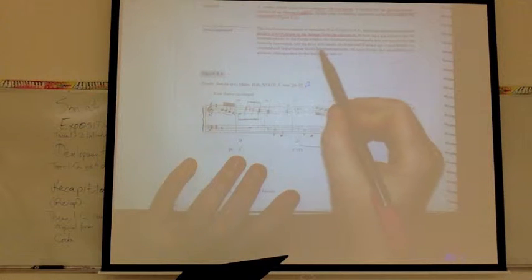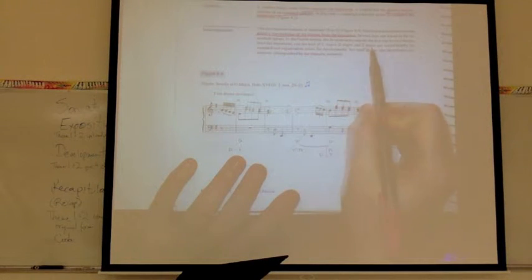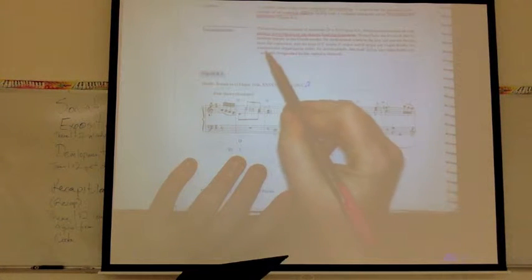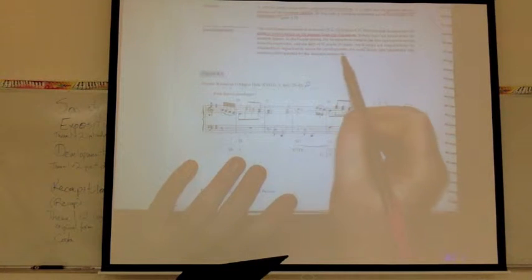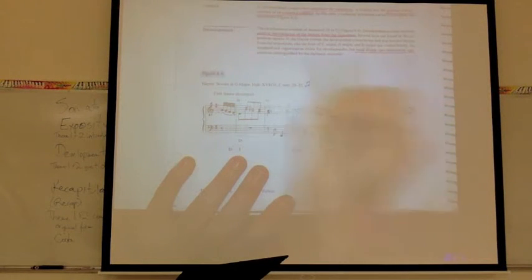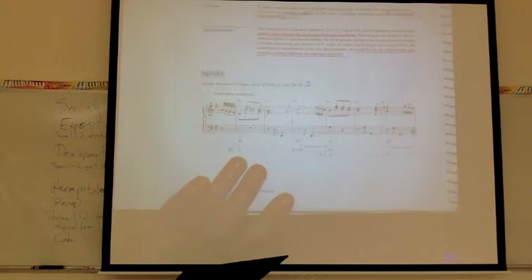And we get the keys of C and D major and E minor. They're all visited briefly, all right? There's no standard organization for development, so you can kind of do whatever you want. It doesn't have to be like B1 and then B2 and then B1. They can do anything they want. But most divide into identifiable subsections, distinguished by thematic material. So you'll be able to see the themes and sort of organize a little bit.